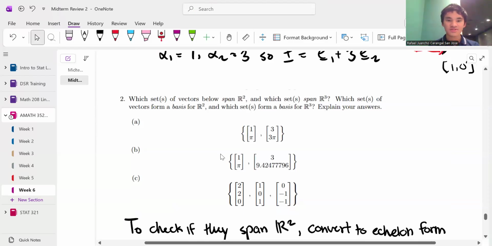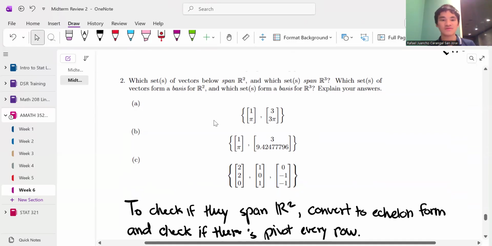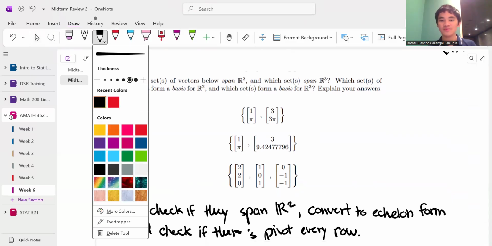Given sets of vectors, which of them span R2, which span R3, which sets form a basis for R2, and which sets form a basis for R3. Let's actually try to go through this one by one.